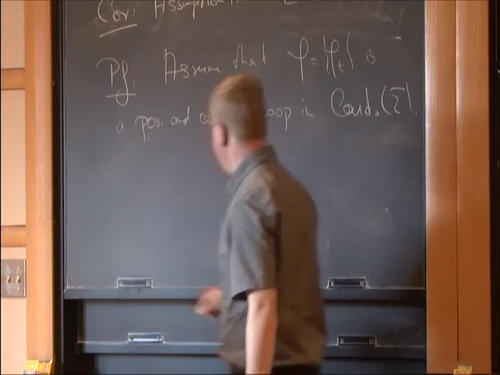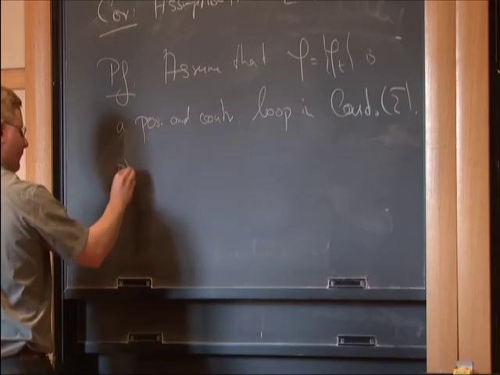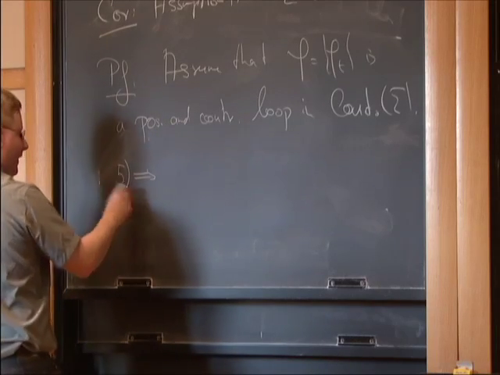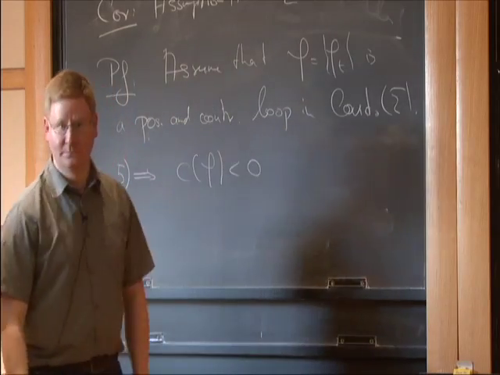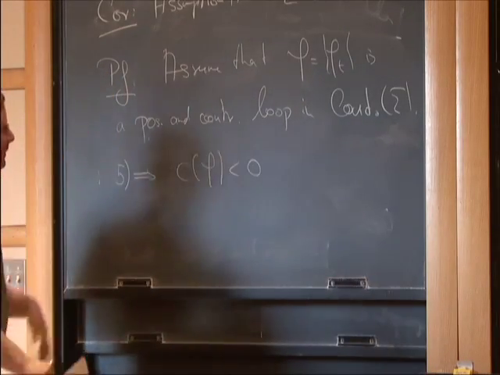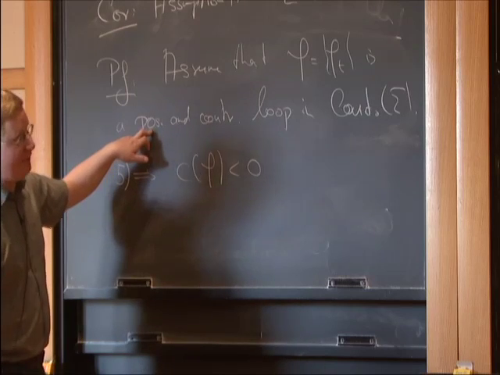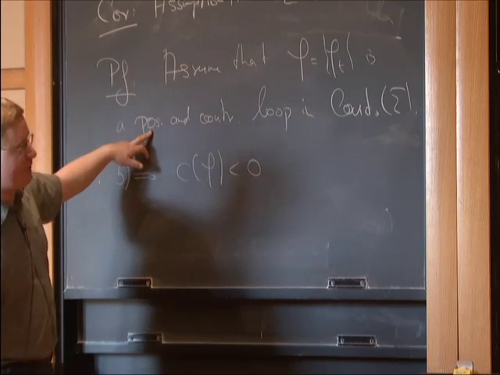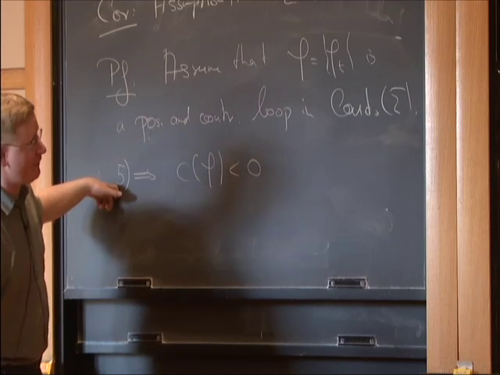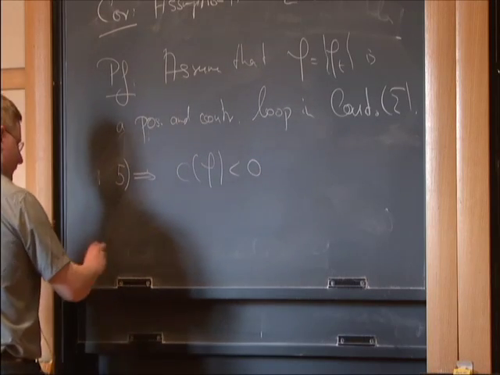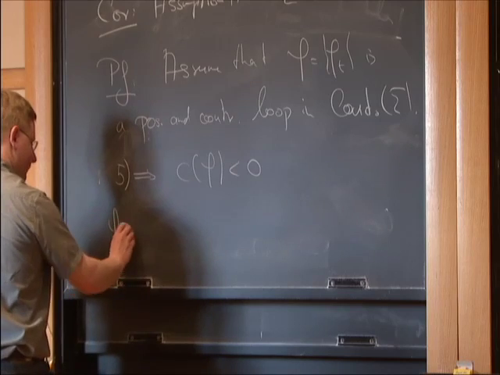So by assertion 5 of the theorem, C of phi is negative. Positive loop meant the contact Hamiltonian HT is strictly positive, so by the theorem you get C of phi is negative. Then phi is contractible.